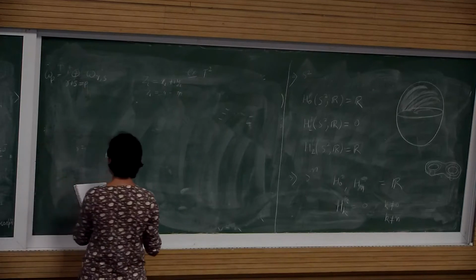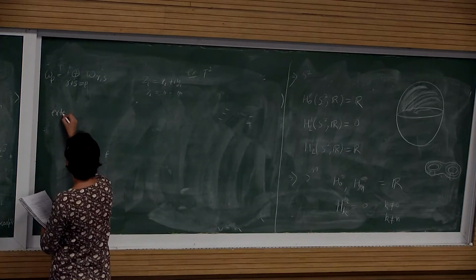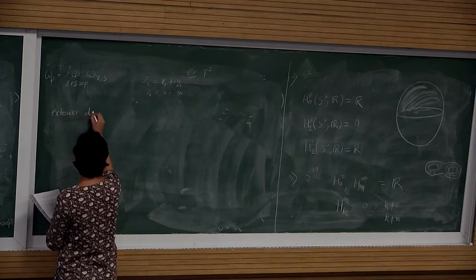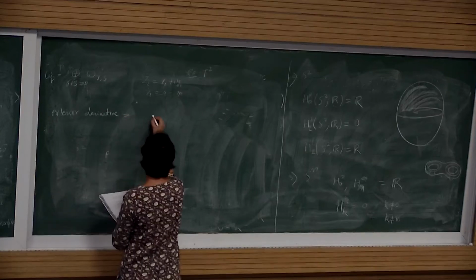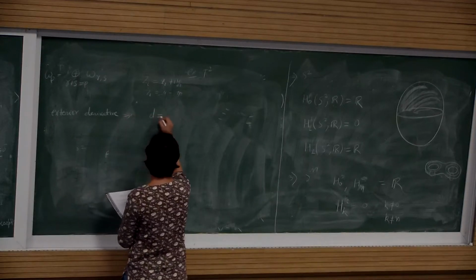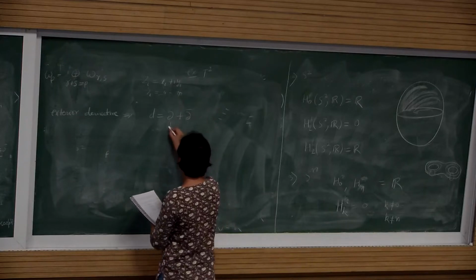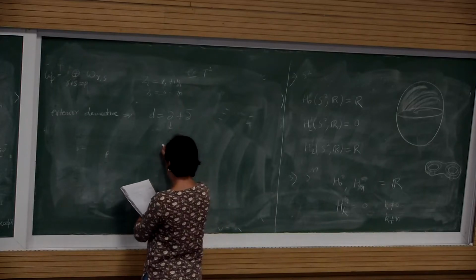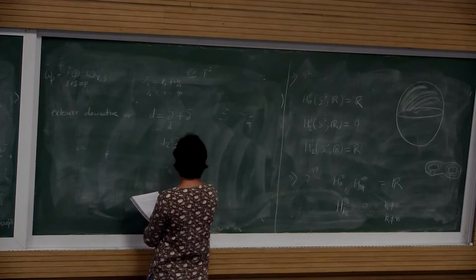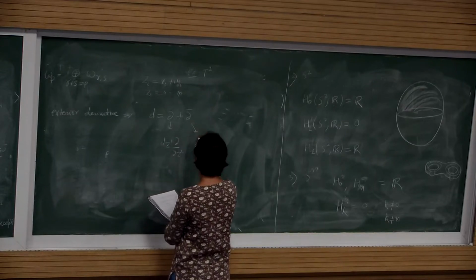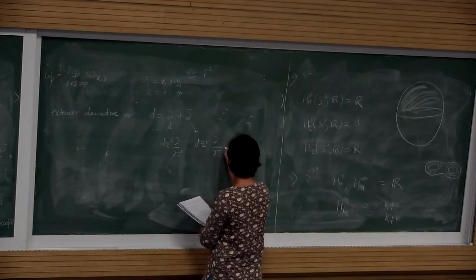Now, in this notation, our exterior derivative is given as a sum of two derivatives, which is dz i del over del z i, and this is dz bar i del over del z bar i.